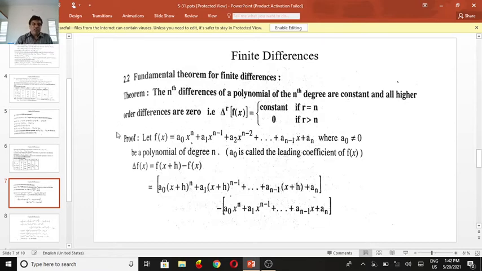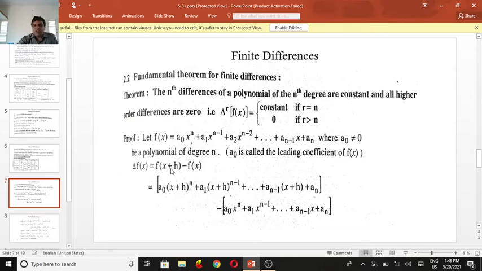That is, we can write del power r of f of x is a constant if r is equal to n, 0 if r is greater than n.